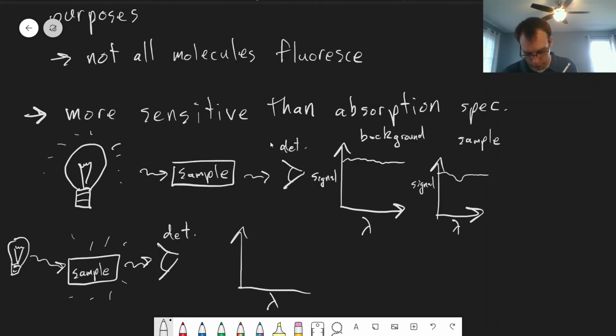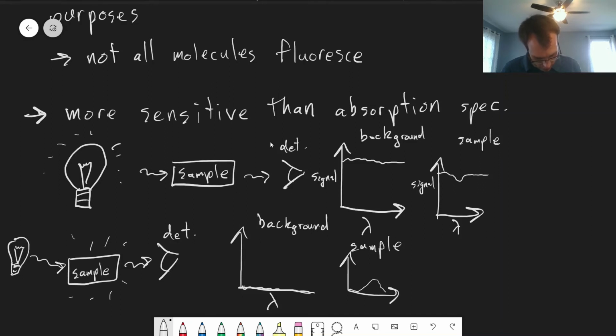With fluorescence spectroscopy or emission spectroscopy, our background signal is nothing. We just have no signal coming from our sample. If there's nothing that fluoresces there, we just get zero light. Whereas once we have sample there, we're going to have an increase in signal from nothing.